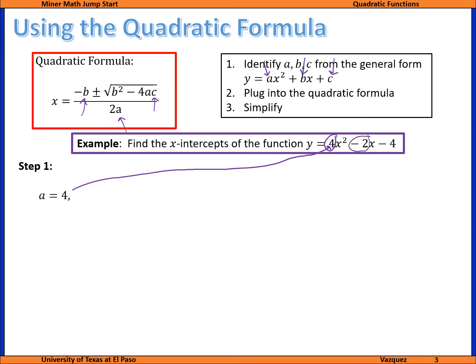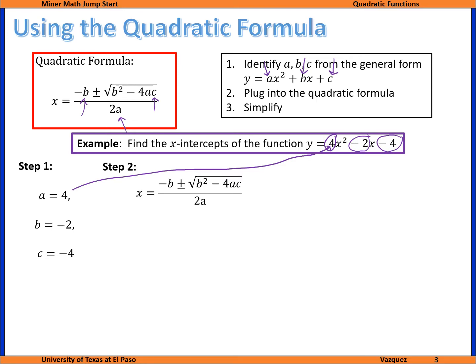We're going to have to include the sign. And the same thing with C. We have to include that sign, and it'll be negative 4. All right, we have identified A, B, and C for step 1.